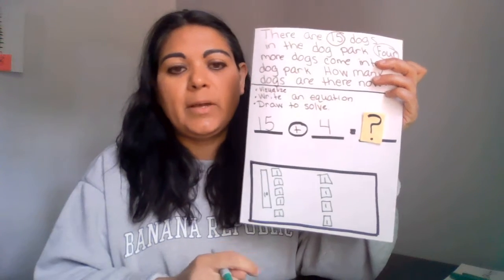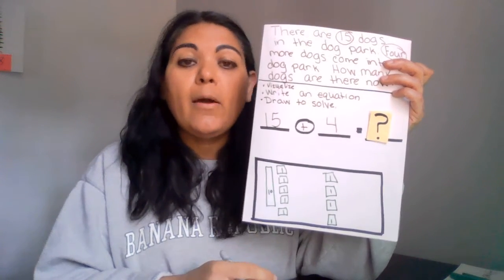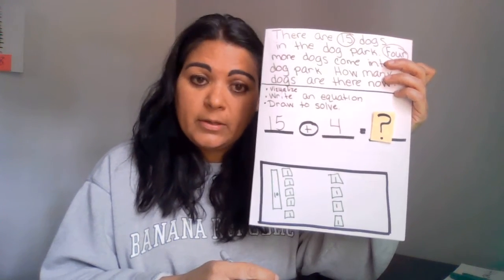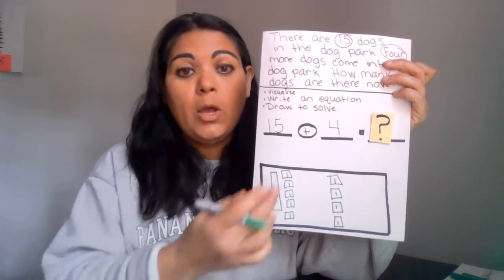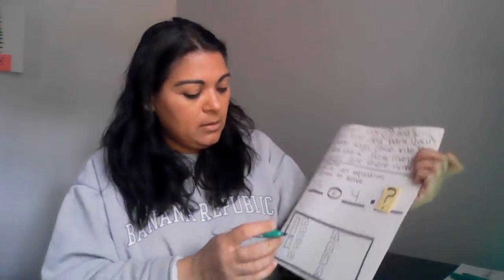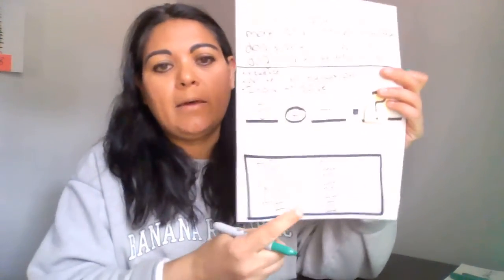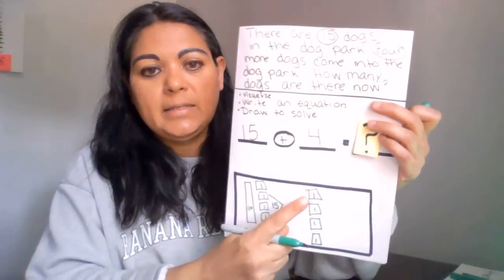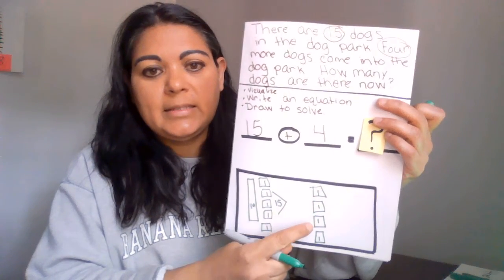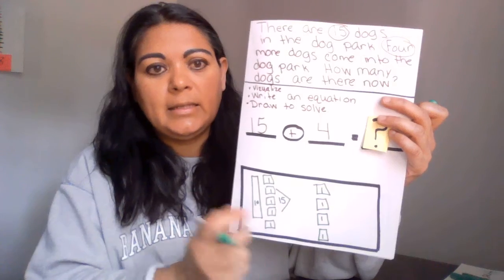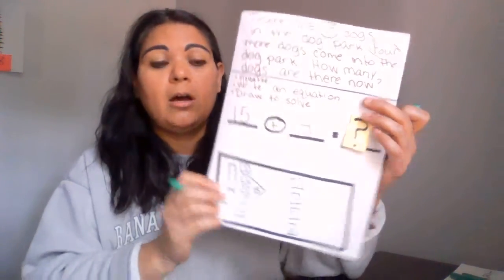Okay, see how organized my groups are? Now, how many dogs are all together? So let's go ahead and count up. We know this group is 15. So I'm going to put 15 right there, and let's count up. Ready? 15, 16, 17, 18, 19. So there are now 19 dogs in the park.